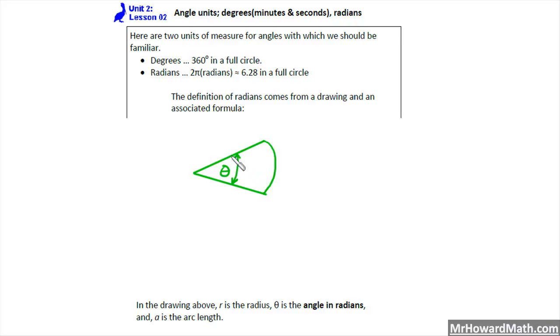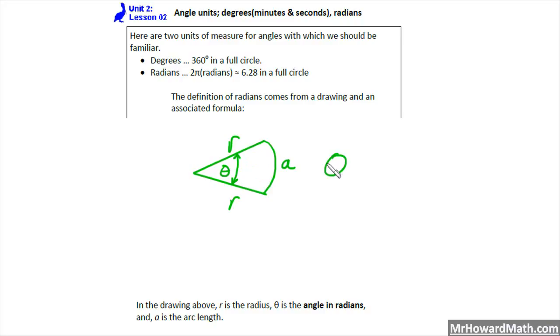This would be just a section of a circle, and this would be the radius of the circle, this line, and this would also be the same radius. So those are both equal to r. And this distance out here, this whole thing, is the arc length. If you straightened it out in a straight line and measured it, that distance is the arc length.